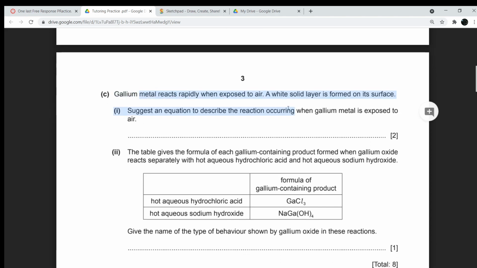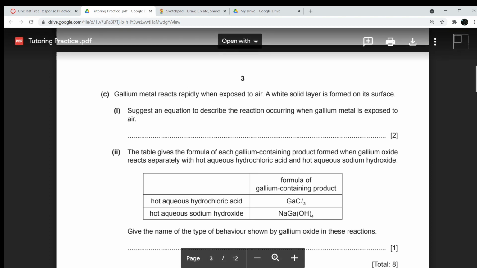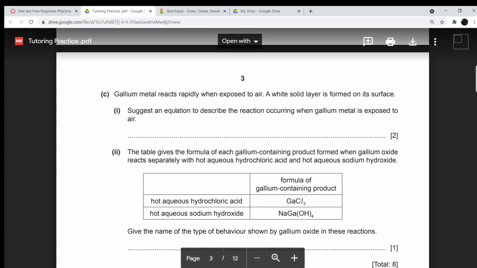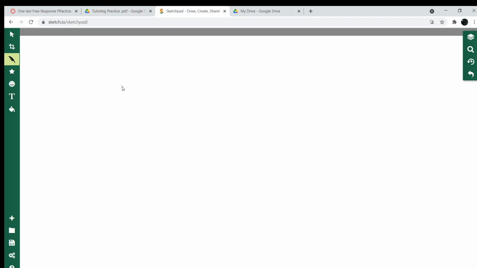Next, gallium metal reacts rapidly when exposed to air. Okay, this makes sense. Aluminum does too. Suggest an equation to describe the reaction when gallium metal is exposed to air. Okay, now I know right away I'm going to be like, all right. So gallium plus oxygen. And I know that in this case, gallium is in the third column, just like aluminum is.